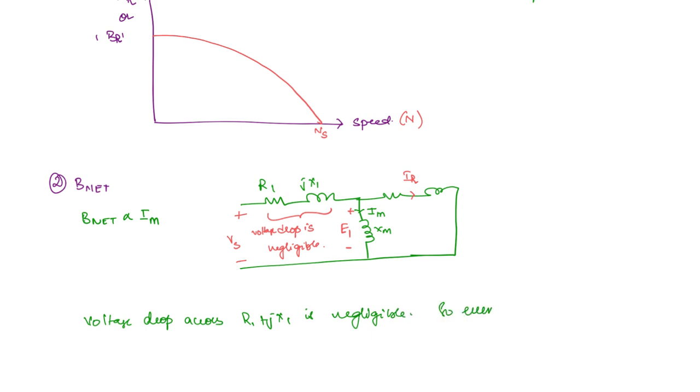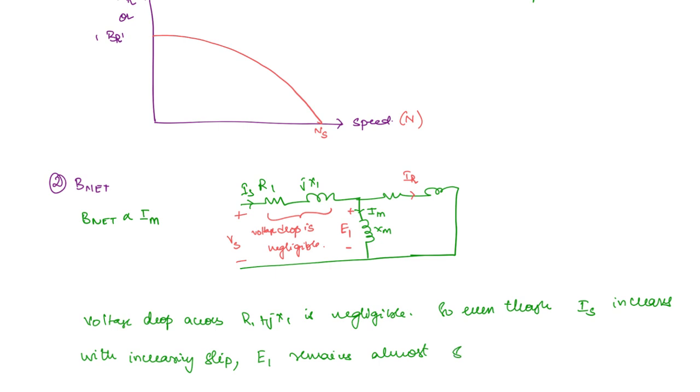So even though IS, the stator current, increases with increasing slip, the voltage E1 remains almost the same.